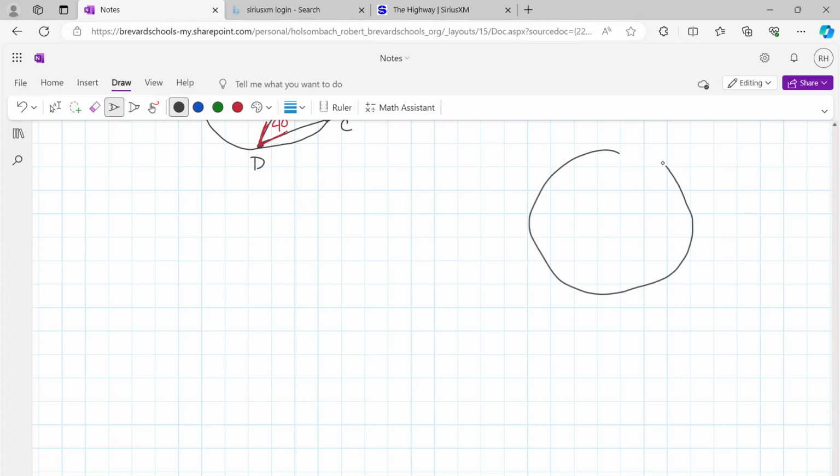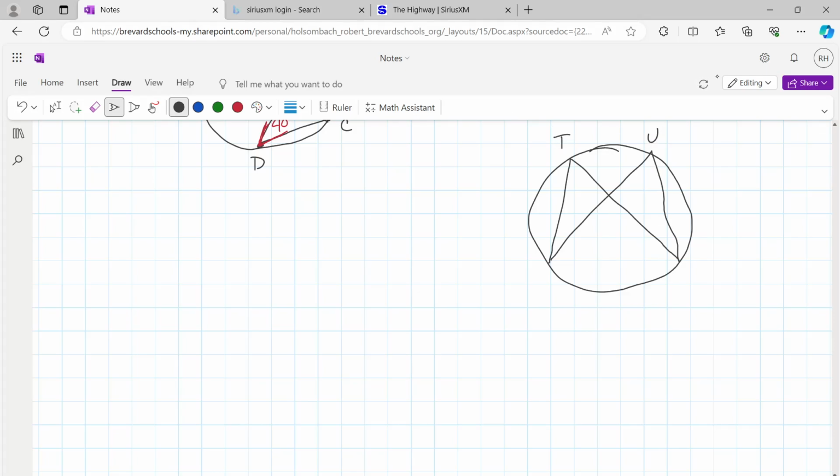Got another circle. Got angle T and angle U, and they both intercept arc SV.